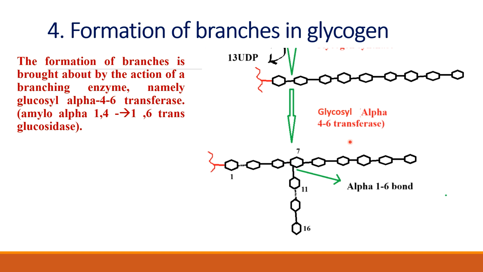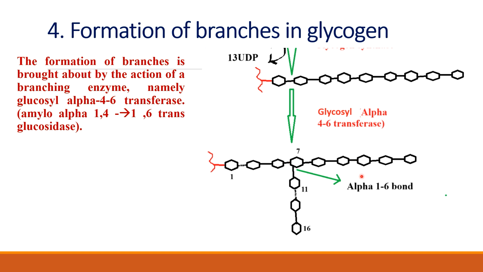It transfers around 5 to 8 glucose residues from the non-reducing end of the glycogen chain, by breaking the alpha 1,4 linkages, to another glucose residue where it is linked by an alpha 1,6 bond. This leads to the formation of new non-reducing ends besides the existing ones. So here you have non-reducing ends which are formed.